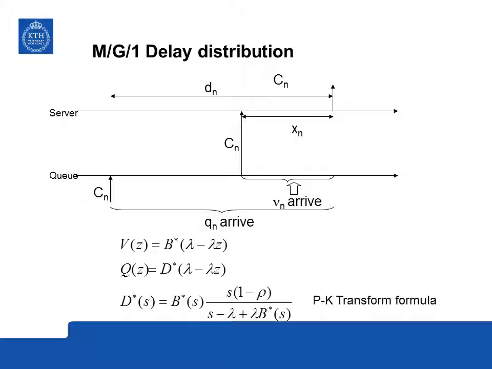At the same time, we can observe that the number of customers that customer n leaves behind, Qn, will be exactly those that arrive during the system time of customer n. He has spent Dn in the system between his arrival and when he exits the system, and Qn will be exactly those number of customers that have arrived behind him and are still in the queue when he leaves in the first come first serve system.